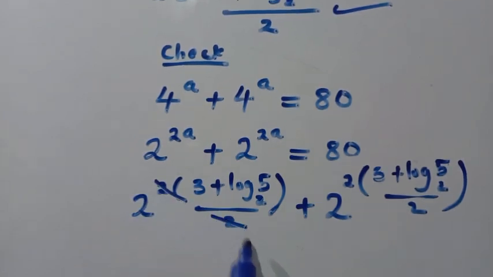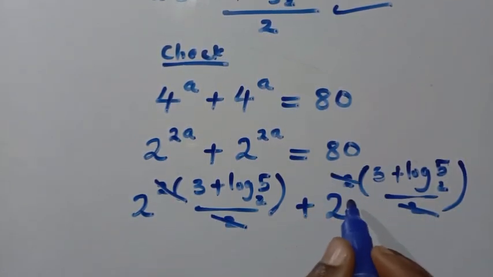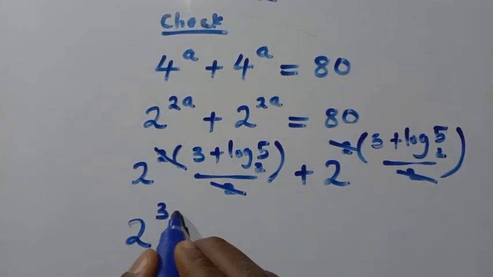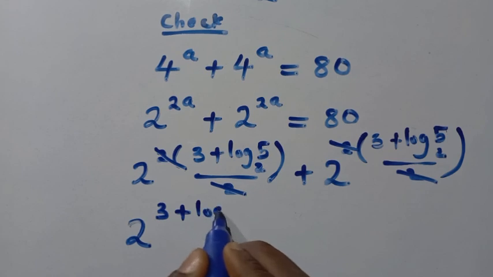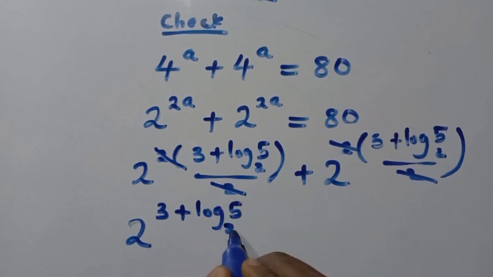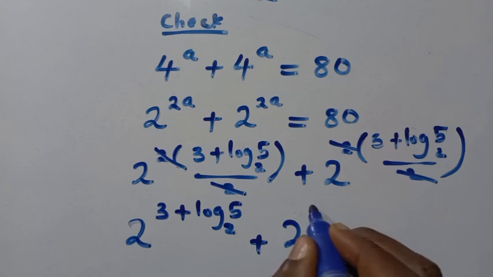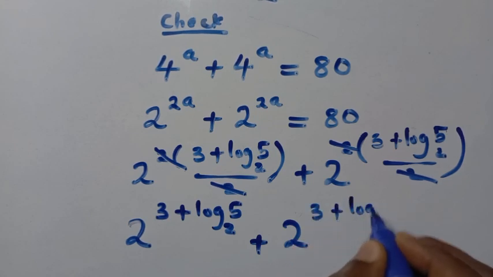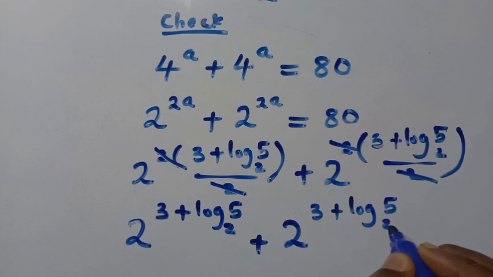So 2 cancels 2, and 2 also cancels 2 from here. Then we see this is 2 to the power of 3 plus log 5 base 2 plus 2 to the power of 3 plus log 5 base 2.